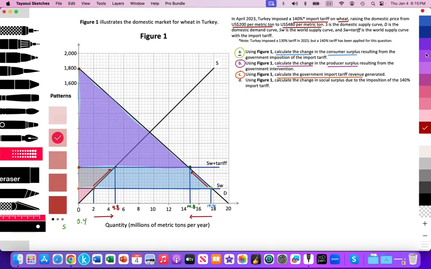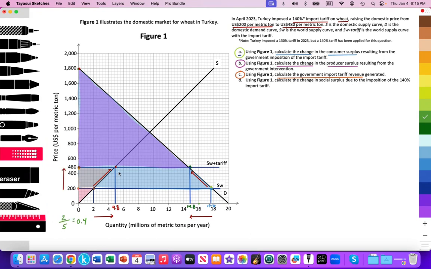So the tariff revenue is going to be this area. Here's the price multiplied by the quantity of imports, which is right here. So this is a rectangle, base times height, simple enough.